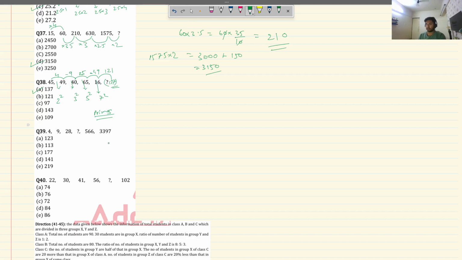Okay, next question. I am again noticing a huge jump starting from 4, 9 up till 3000 plus. Must be some squares, cubes, or multiplication. Let's see.